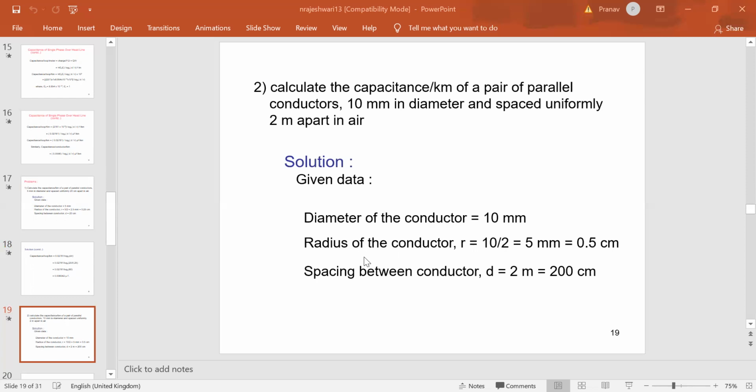The radius of the conductor will be 10 by 2, which is equal to 5 mm, so 0.5 centimeters. And spacing between the conductors d is equal to 2 meters, which is equal to 200 centimeters apart.